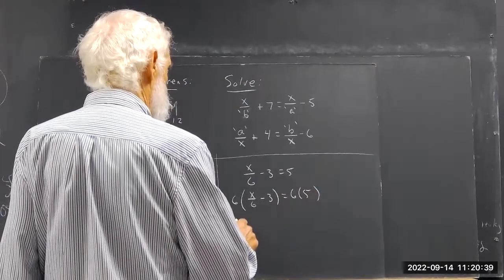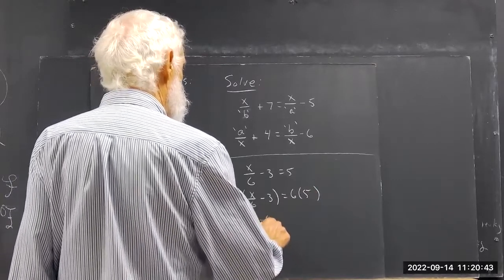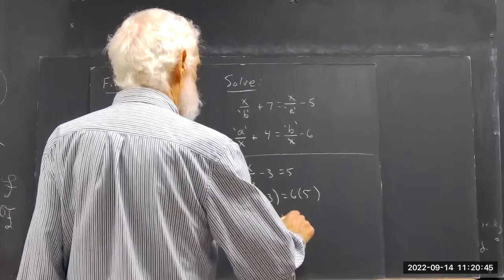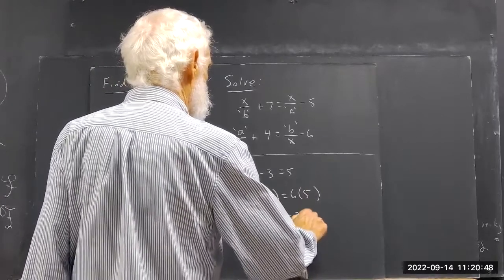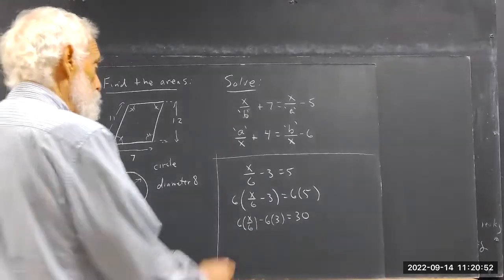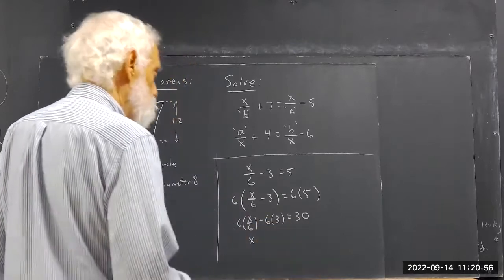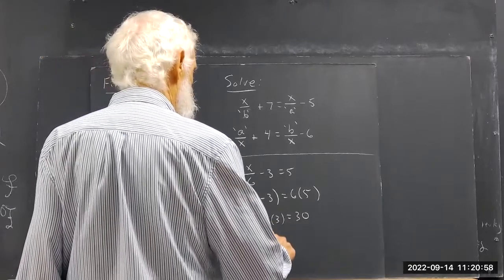And then we write that as 6 times x over 6 minus 6 times 3 equals 30. And 6 times x over 6 is just x, as we went through quite a bit last time.